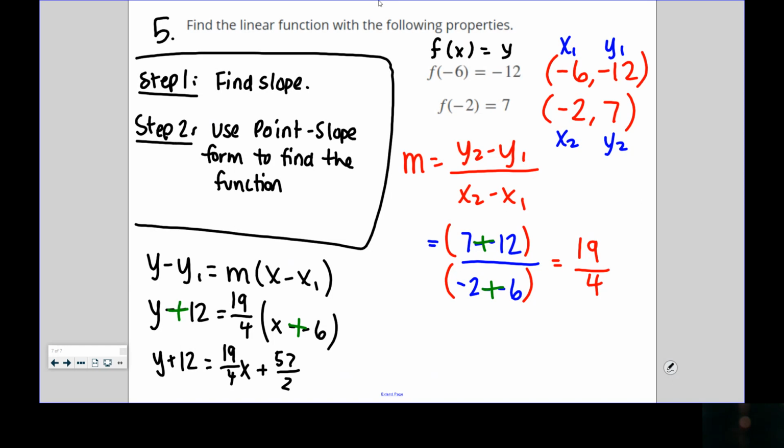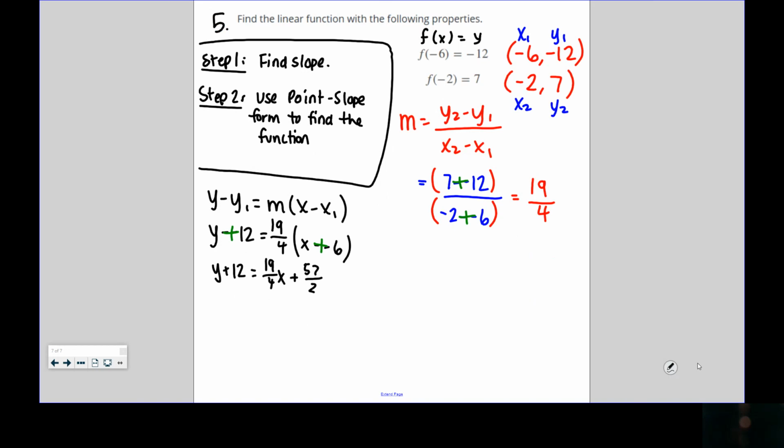Right, then we're going to subtract 12 from both sides. You're going to combine that with its like term. So you're only subtracting it from the 57 over 2. Get y equals 19 over 4x plus 33 over 2.